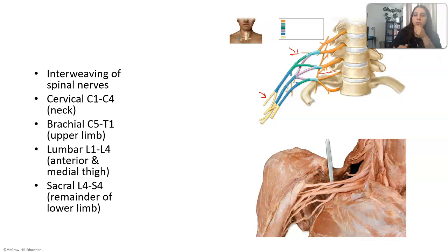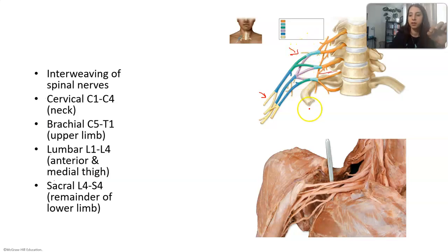So when we look at the four plexuses, the cervical plexus from the neck is formed by the anterior rami of spinal nerves C1 through C4.